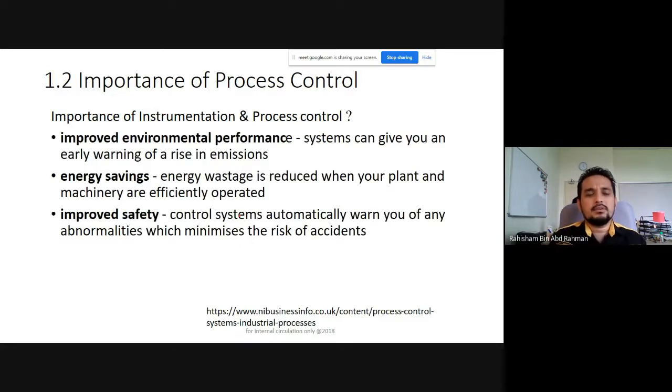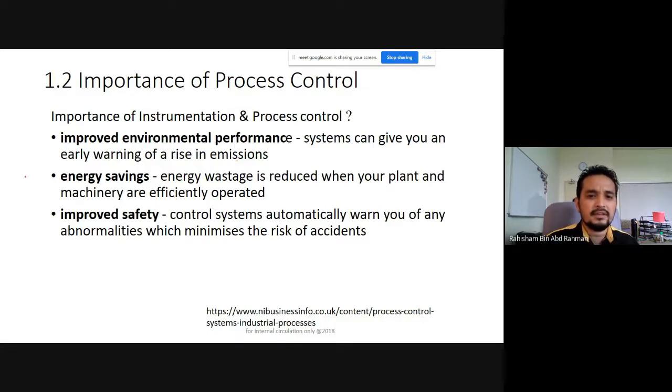Other than that, we are looking at environmental performance, OSHA: environmental safety and health. The system can give you early warning of rising emissions. For example, if we have hazardous gases, the system can detect them and give a signal so that we can escape from the hazardous gas emissions, and we can improve.